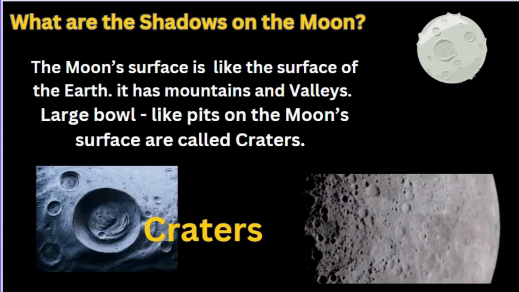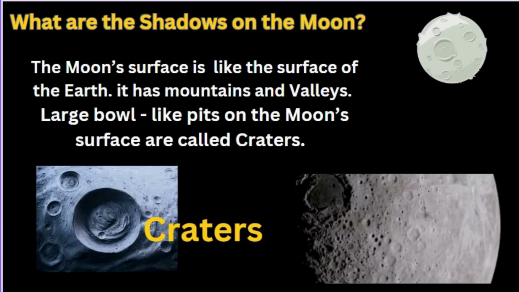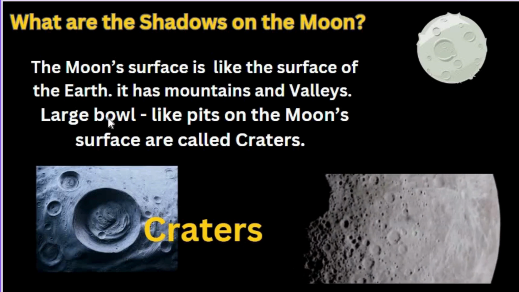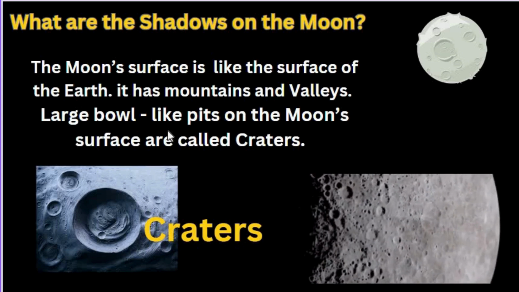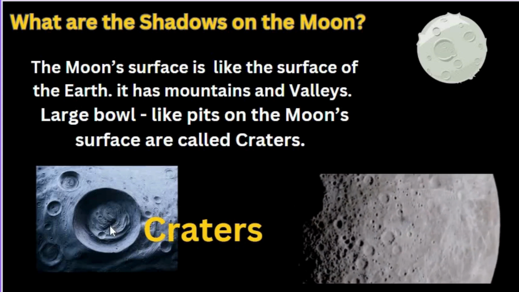We have seen different shadows. These shadows, what are these? What are these shadows on the Moon? They are called craters. The Moon's surface is like the surface of the Earth. It has mountains and valleys. Large bowl-like pits on the Moon's surface are called craters.